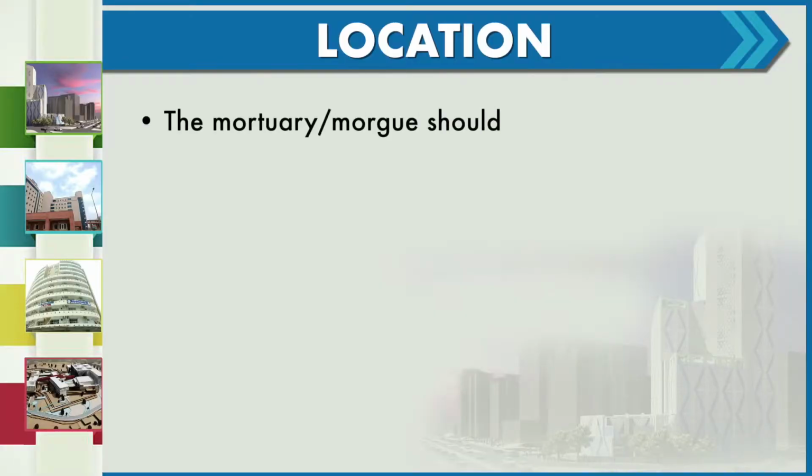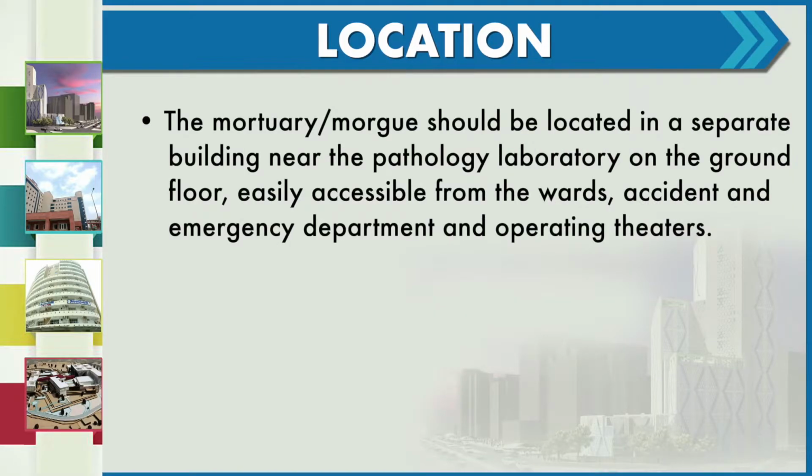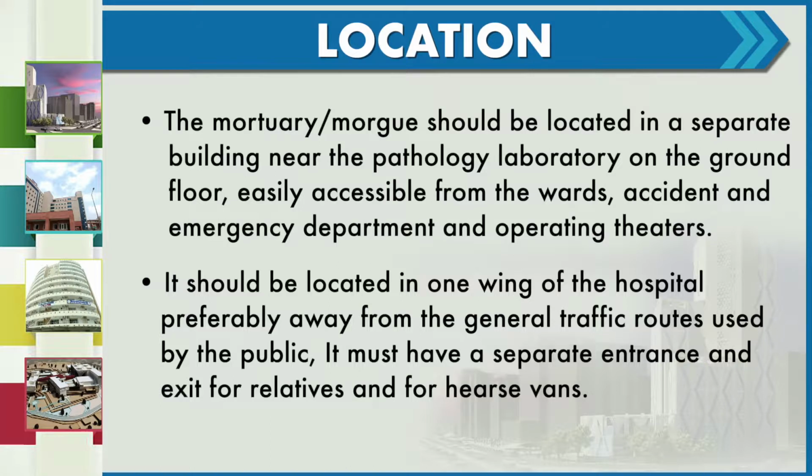Location: the mortuary should be located in a separate building near the pathology department on the ground floor, easily accessible from wards, accident and emergency departments and the operating theatres. It should be located in one wing of the hospital, preferably away from the general traffic routes used by public.